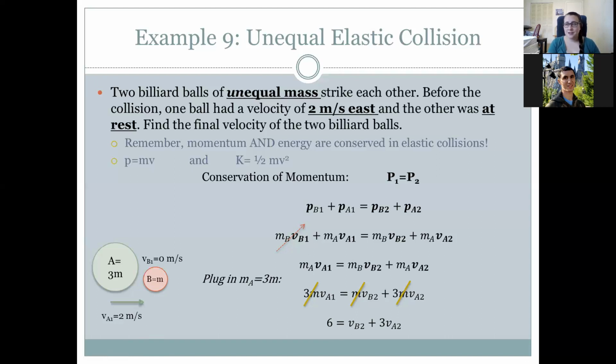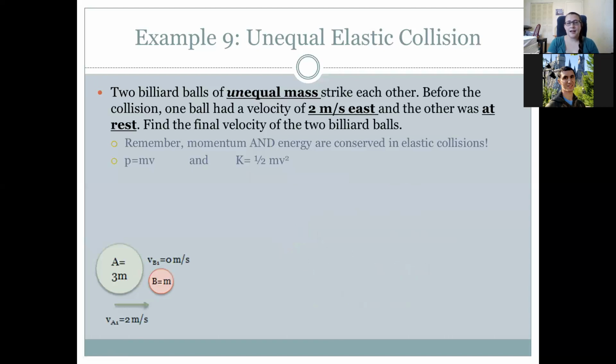Again, we're kind of stuck here at the moment because we don't know either of the final velocities. So, like we did last time, let's look at conservation of energy. Remember, initial energy is equal to final energy when energy is conserved. And again, we're just dealing with kinetic energy here, no change in height or springs to deal with.